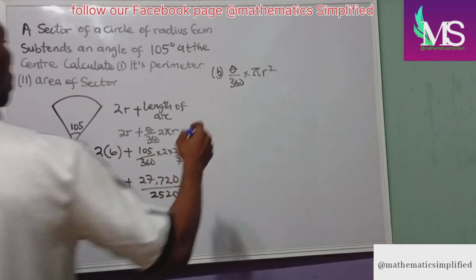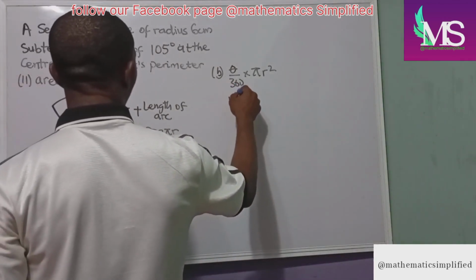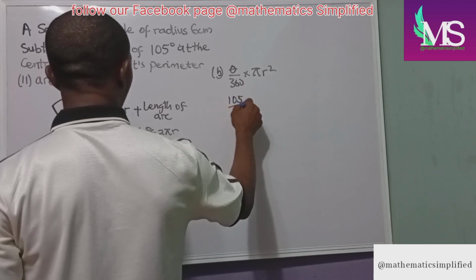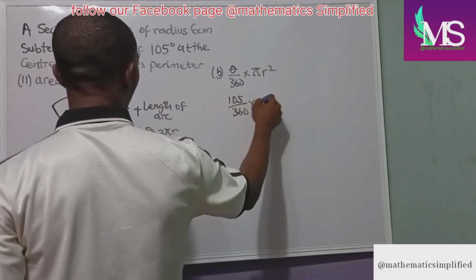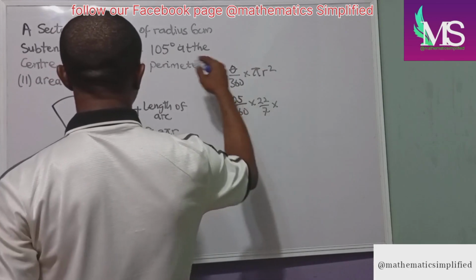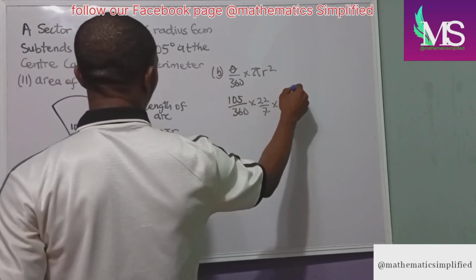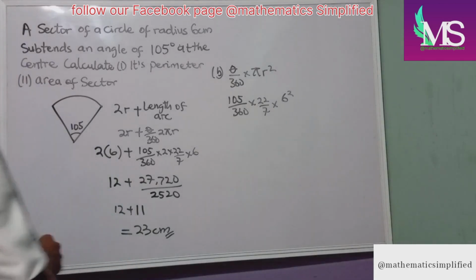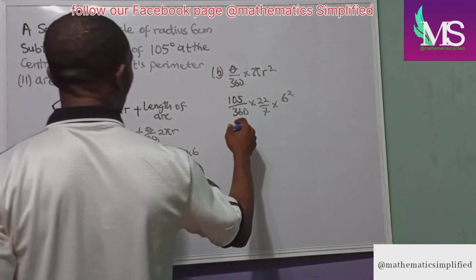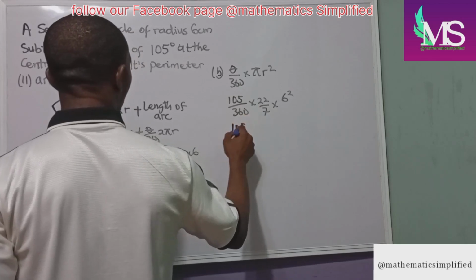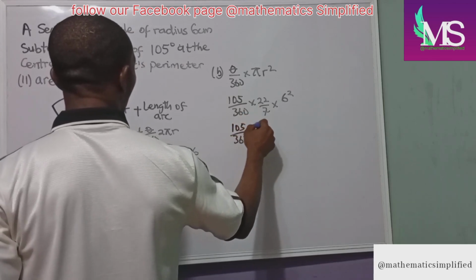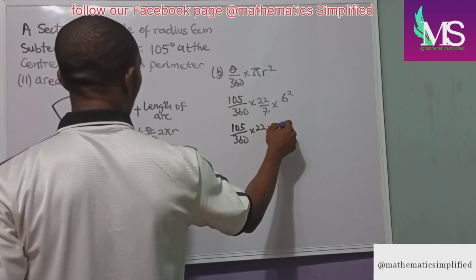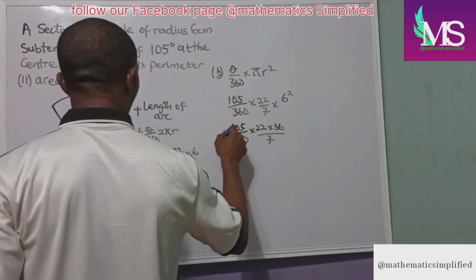Now our theta is 105 over 360 times 22 over 7 times r squared, 6 squared. Now we know that 6 squared is 36. So this becomes 105 over 360 times 22 times 36 all over 7.